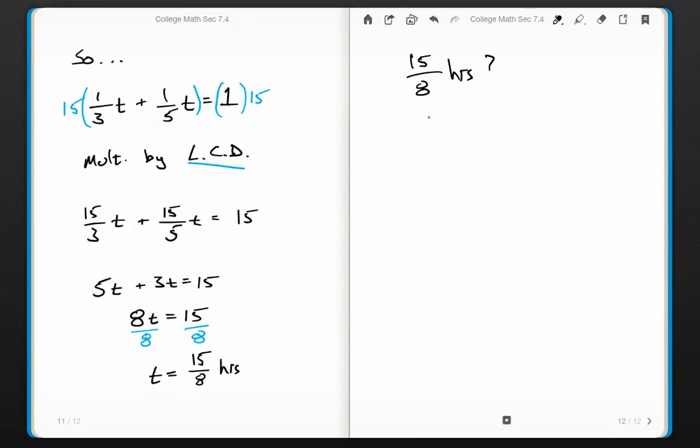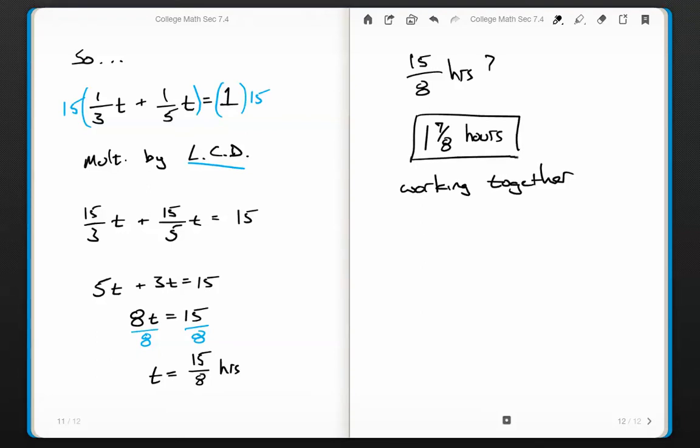We can divide, and that's 1 and 7/8 hours working together. Does that make sense? 1 and 7/8 hours. Well, if I can do it in 3 and Schrader can do it in 5, together we certainly should be able to do it in less time than either of us individually.